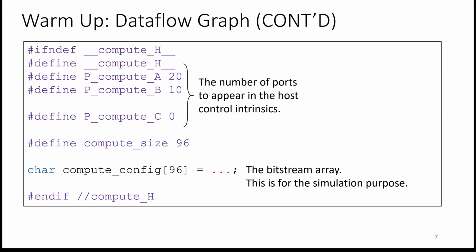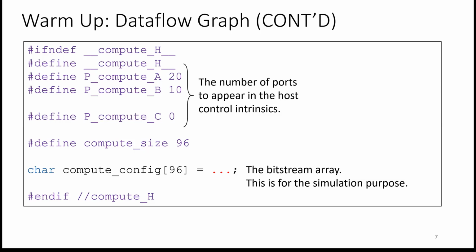You may see a string in it. It's a little bit cheating, and it's only for software simulation purposes. It hints our Gem5 simulator to load the serialized format of both the spatial architecture and the mapping.